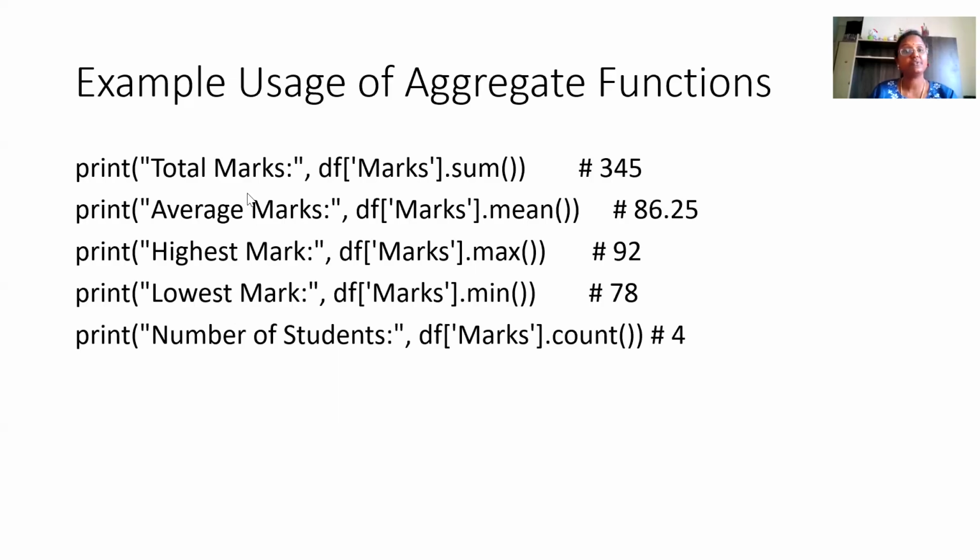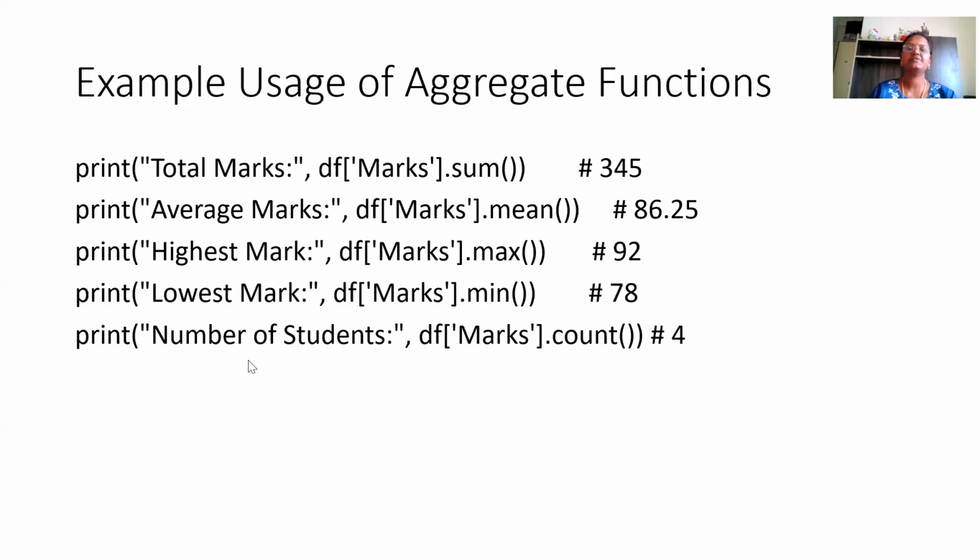If you want to find out the total marks, you have to apply sum on the marks column of the data frame. If you want to find out the average, then we can use the mean aggregate function on the marks column. If you want to find out the highest mark, apply the max aggregate function on the marks column. If you want to find out the lowest mark, apply min on the marks column.